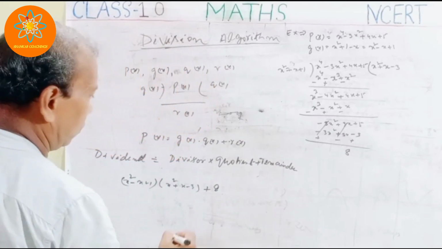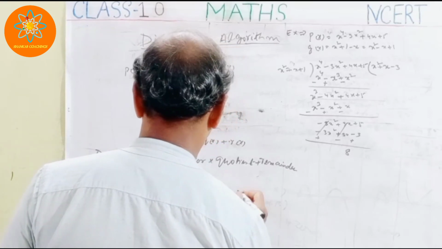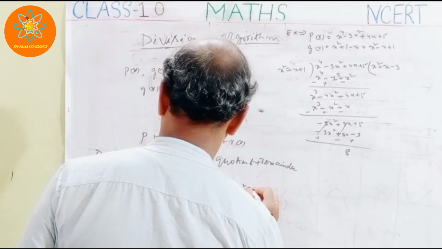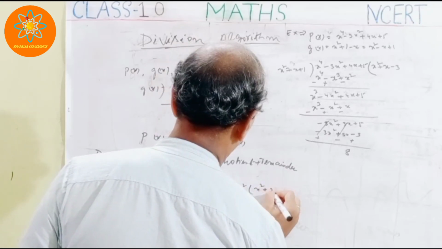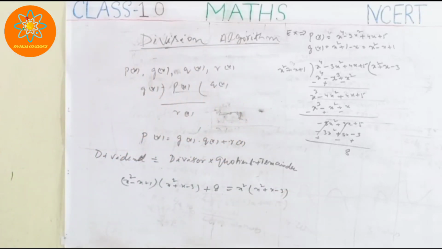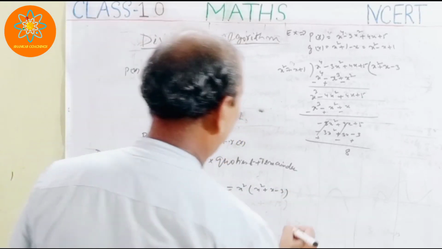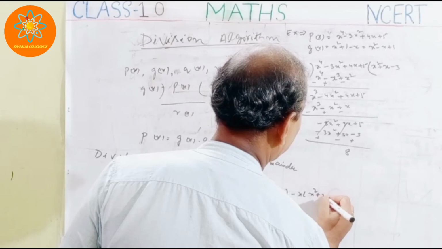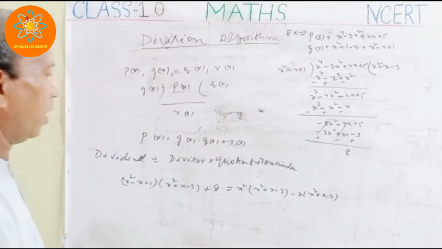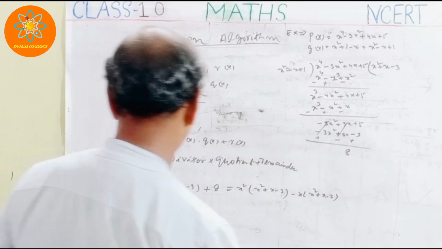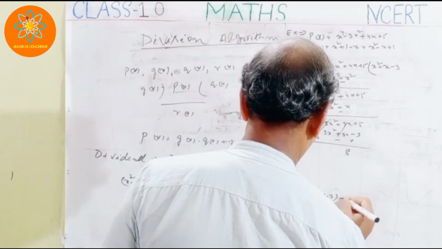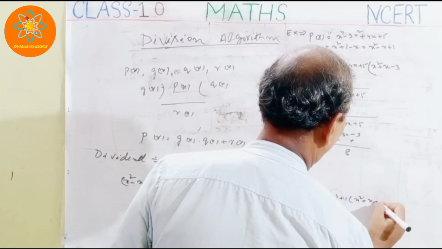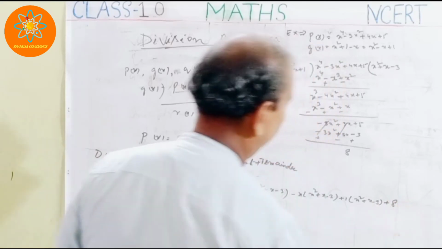I want the value of this one. So obviously this will be equal to x square into x square plus x minus 3, then minus x into x square plus x minus 3, then lastly plus 1 into x square plus x minus 3, and this is plus 8.